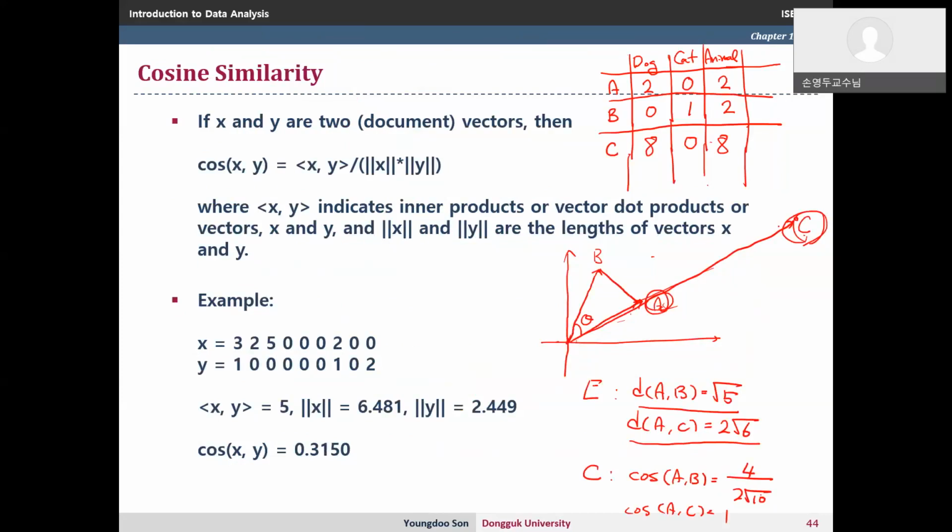For example, for the text data, which is represented by the term document matrix, the element of each matrix is the number of appearances of a specific word in a specific document.